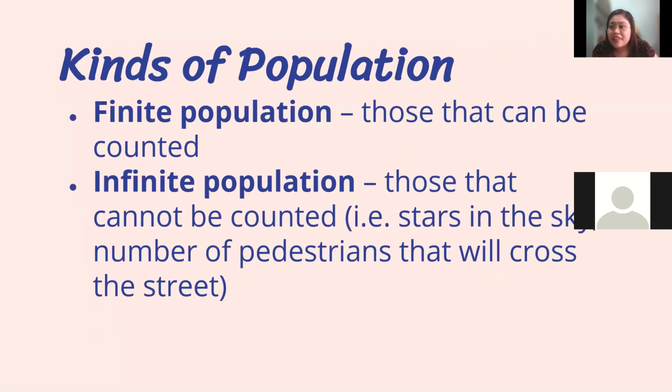But if you cannot count a certain population, we call it infinite. For example, the stars in the sky, you cannot count them. Even the number of pedestrians that will cross a certain street, you cannot count, and it varies from one day to another. So it's an infinite population.